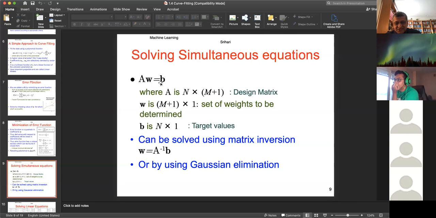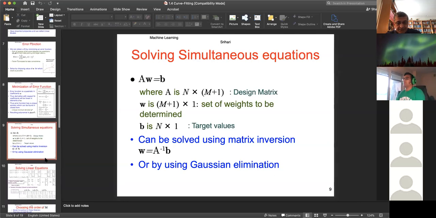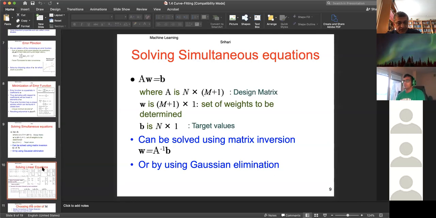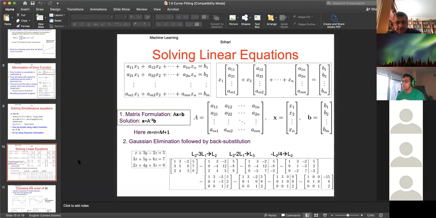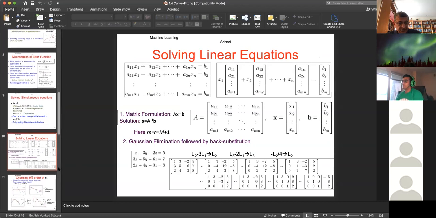So this is stated generally in multi-dimensions now, and then we can solve this using matrix inversion. W is equal to A inverse of B, and so on. So that can be applied to this problem. And we already saw this slide, I think I introduced it before, that if you have a matrix formulation, you can solve it using matrix inversion, or you can use Gaussian elimination and so on.